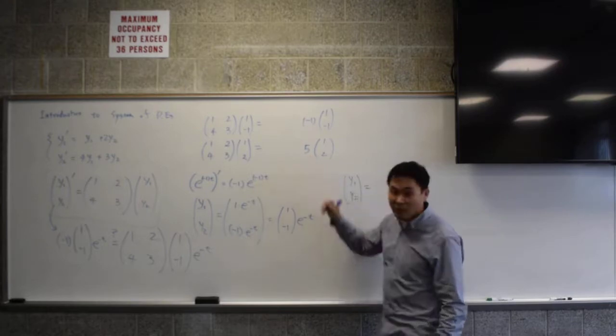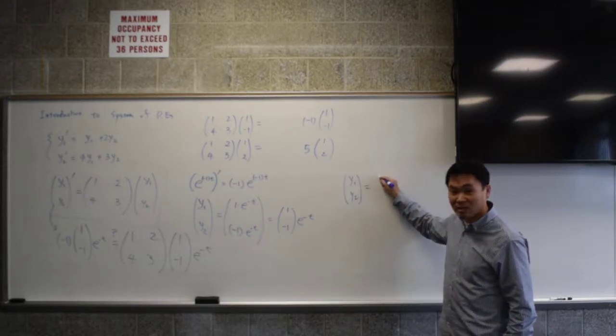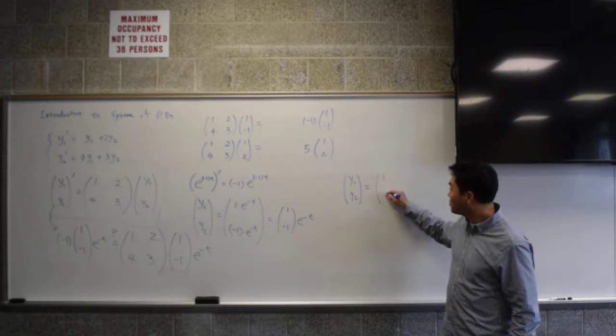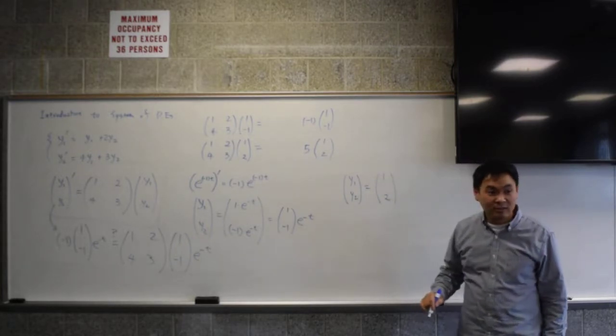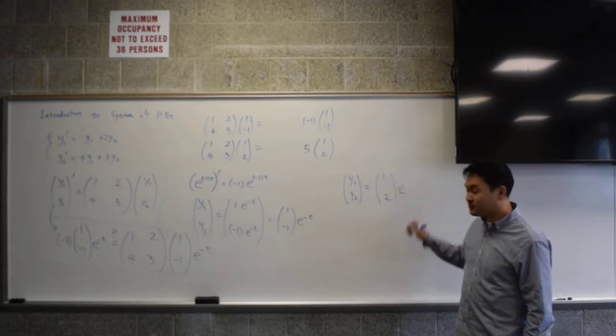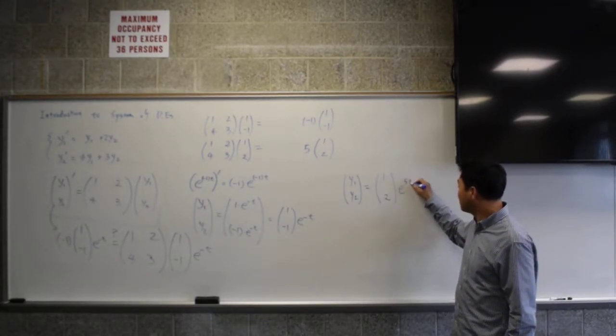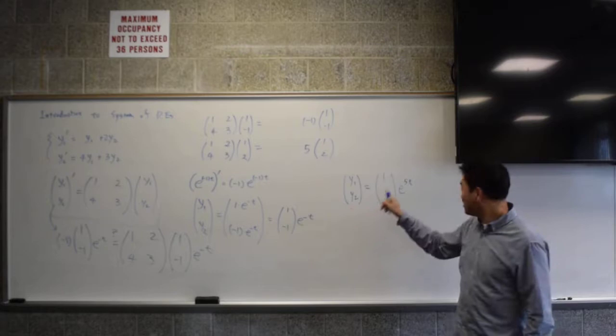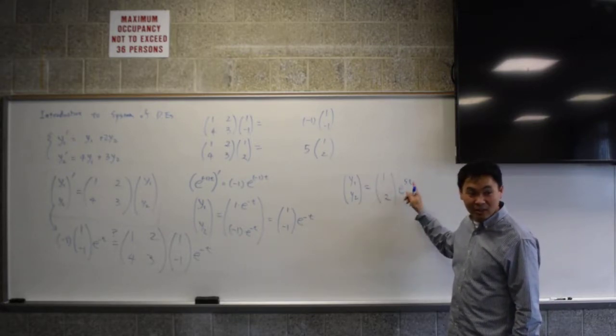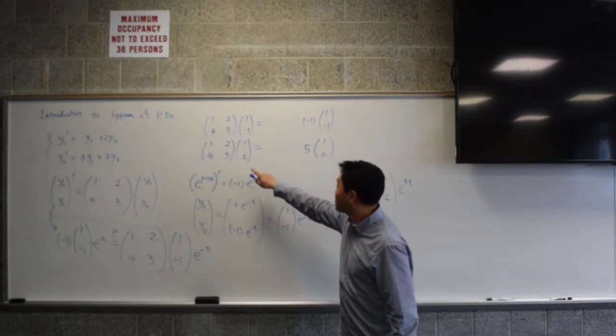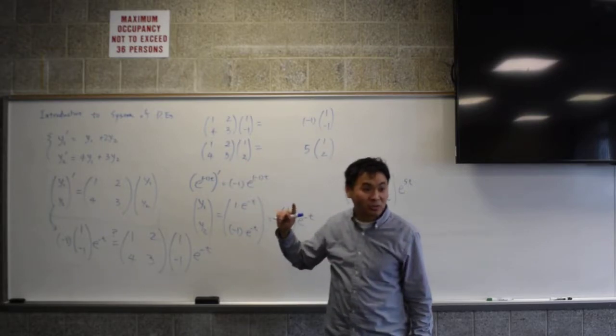If I use this to make up a solution, what should the solution look like? 1, 2, take the eigenvector, and e to the what? 5t. If I plug this on the left side, 5 will come in front. Right? If I plug in the right side, it's going to look like exactly this vector. So it's going to work.